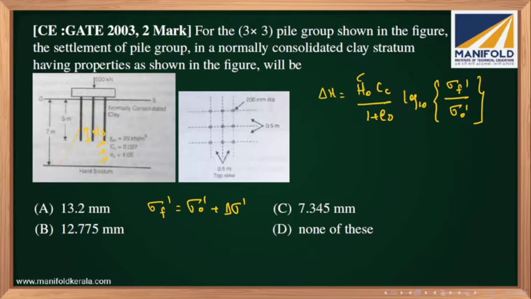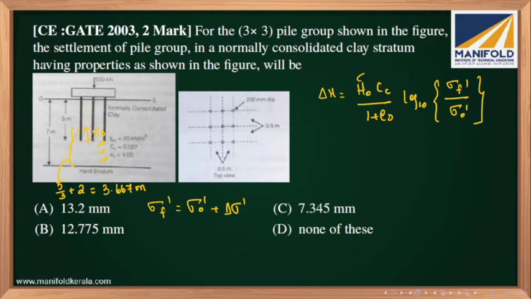So what is the thickness of the layer which is going to consolidate? This would be 5 divided by 3 plus 2 meter, which is 3.667 meter. So be careful: the 2 meter of soil lying below the pile is not going to attain consolidation.